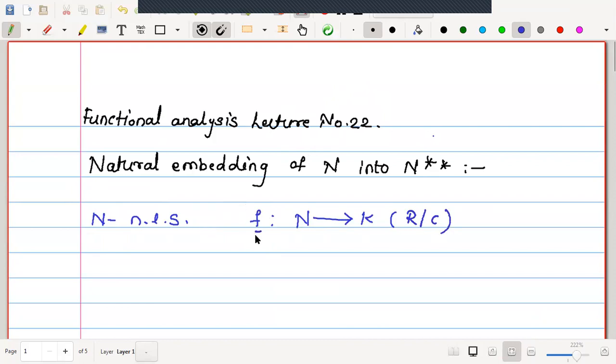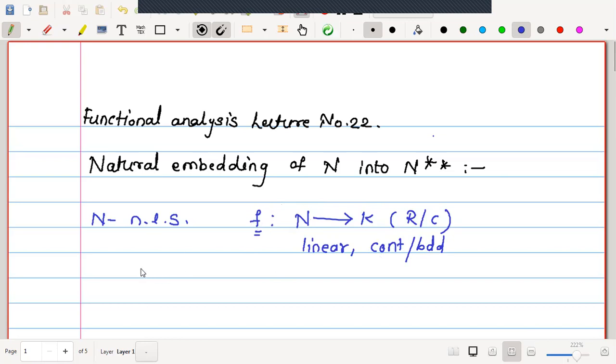Then this f is a scalar valued function defined on the normed linear space, and if this function is linear and continuous, or bounded, then f is a scalar valued function which is linear and continuous.